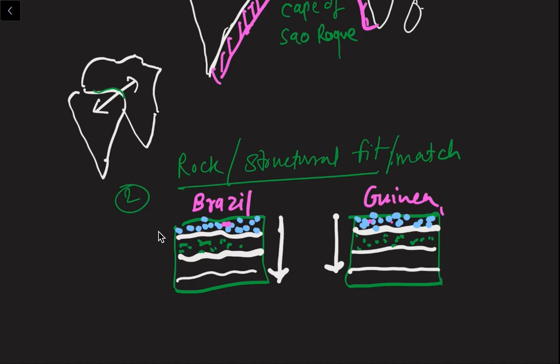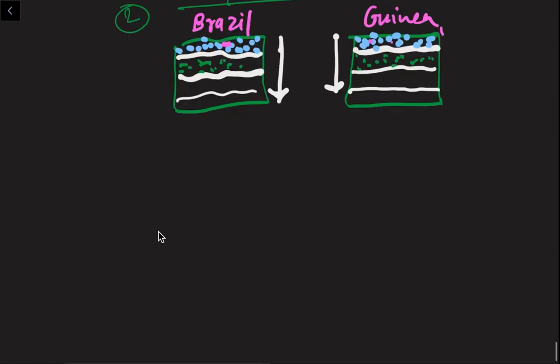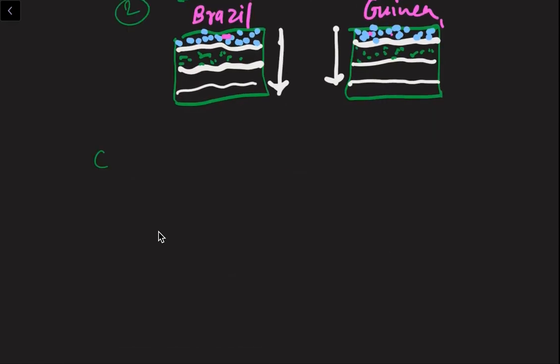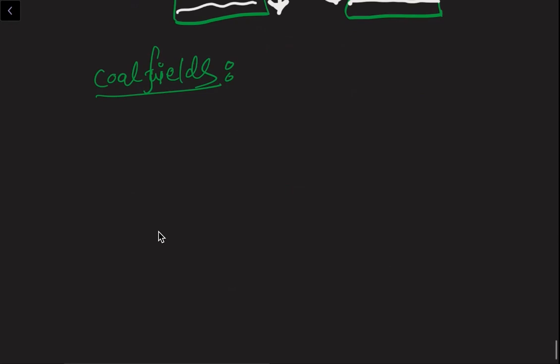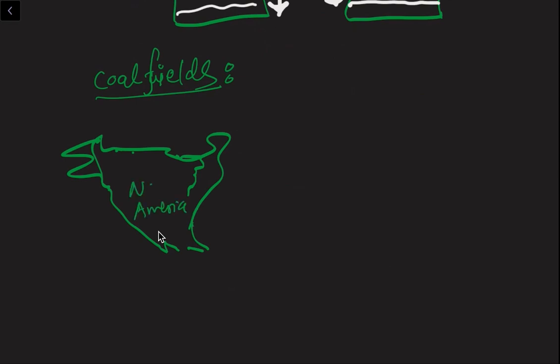Okay, he did not stop there. He also said some other things. So there are coal fields across the world, and I think a few days back we were discussing it. These coal fields, suppose this is North America, and here is Greenland, and here is the European part.